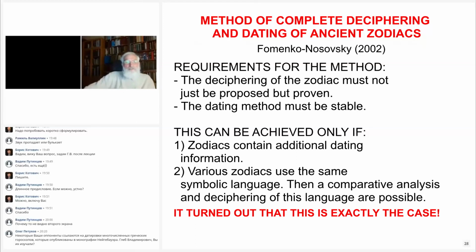This is additional astronomical information because without it, nothing can be said. It would be just arbitrary dates, different interpretations. And also, different zodiacs should use the same language so that it can be compared and deciphered. Otherwise, if each zodiac is made in its own way, nothing can be understood.